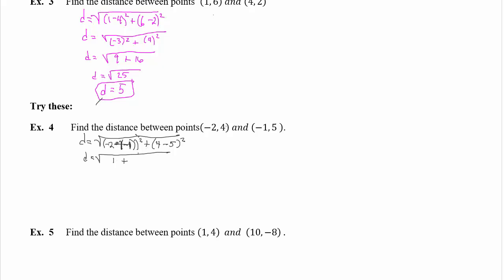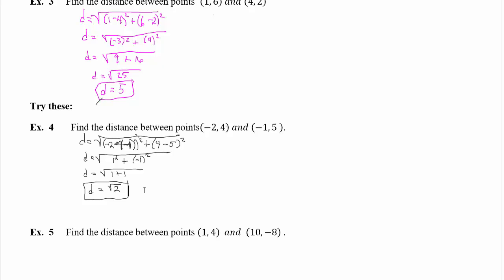Plus 4 minus 5 is negative 1. Oops, I forgot the square. Let's remember that there. And this is negative 1 squared. D equals the square root of 1 plus 1, or D equals the square root of 2. Nice, neat numbers right there.